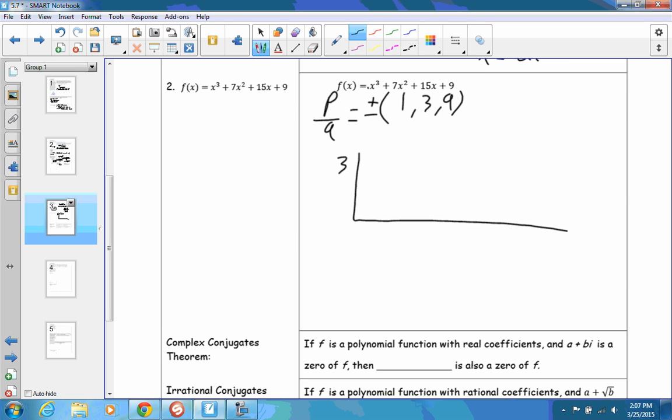So am I in standard form and in order, right? 1, 7, 15. 3, 10, 30, 45. Not going to work, right? I am pretty sure it's negative 3. 1, negative 3, 4, negative 12, 3, negative 9.